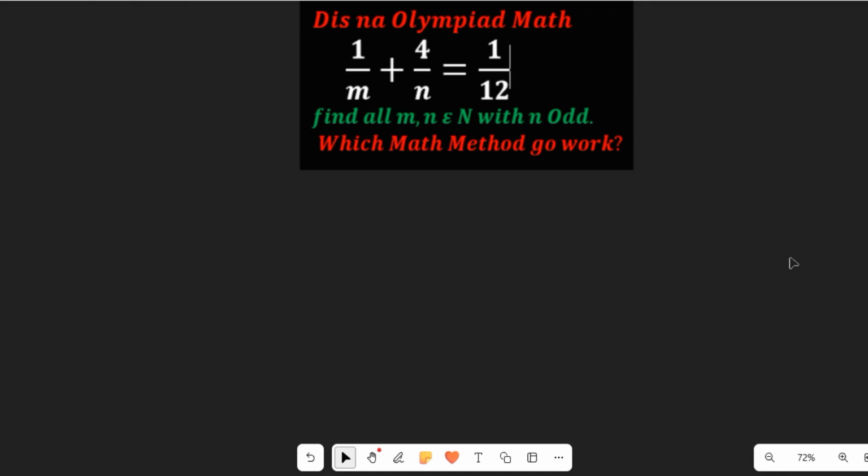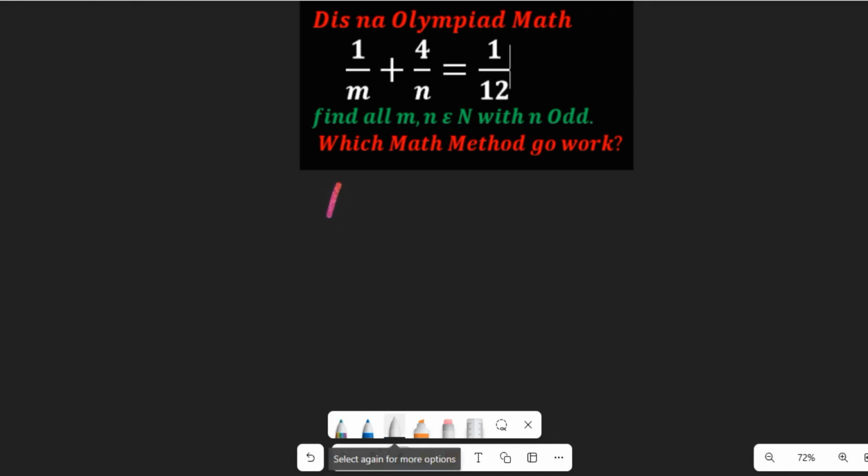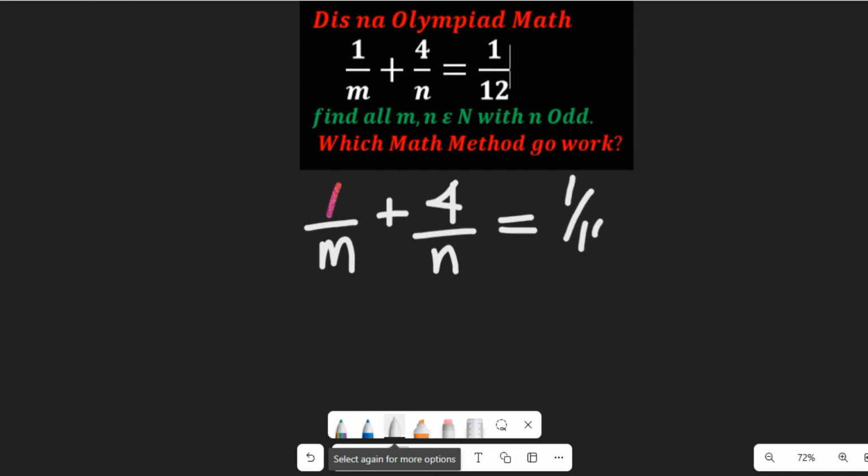To solve this question, first we will see how to remove the fractions in the question. To remove the fraction, what we will do is take the least common multiple, the LCM, of this expression. So we take 1 divided by m plus 4 divided by n, and look at the least common multiple of these two.